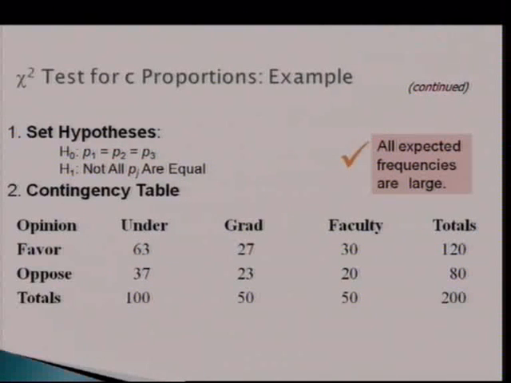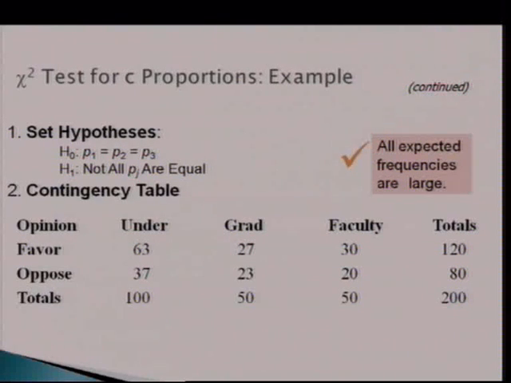The table we have recorded in matrix form is the contingency table. Now we have to remember one thing: this cannot be applied if we have to find the expected observation fe.